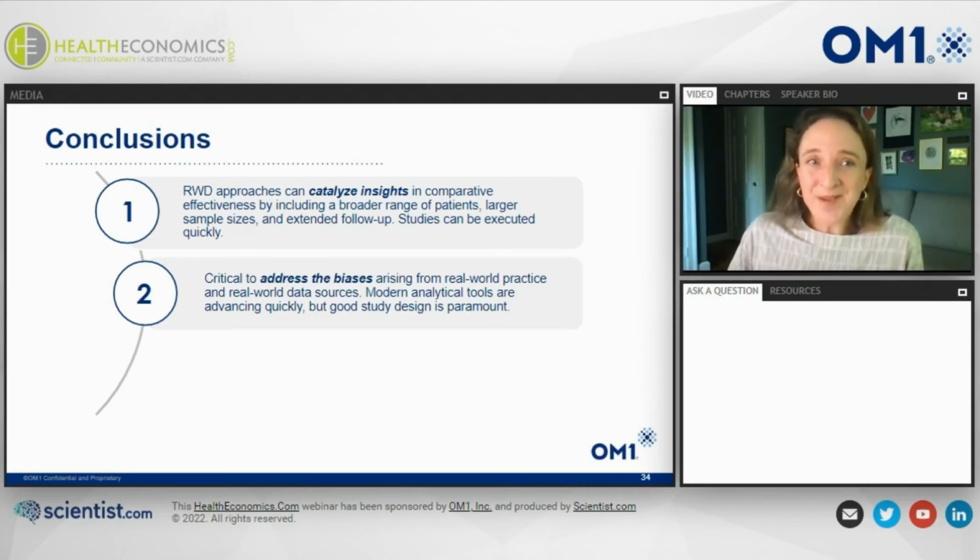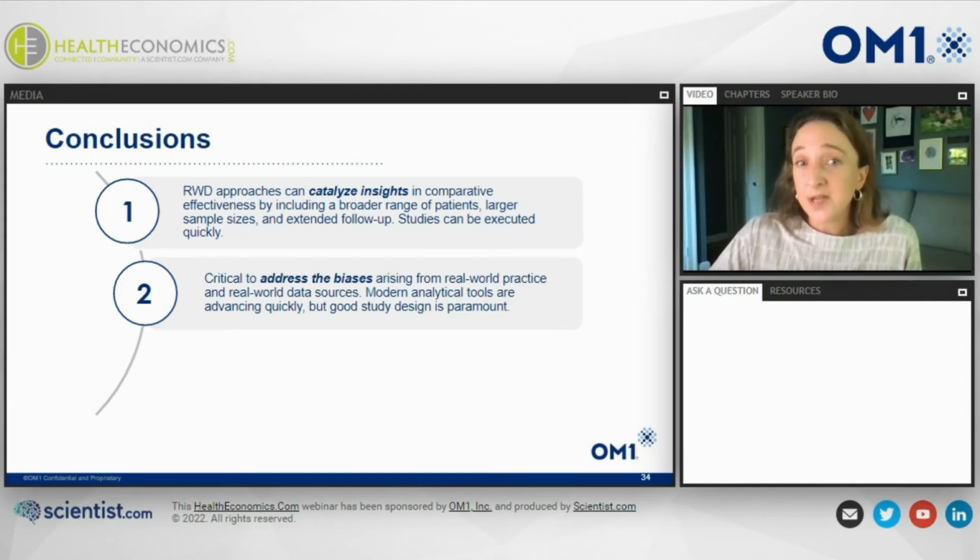What is the elephant in the room? That's the bias that comes from these designs. Earlier, we conducted a poll about what the quote-unquote best method is for addressing some of these biases. In particular, confounding bias has a primacy here, but also misclassification is a huge issue. So whether we can really trust some of the elements that we're getting from real-world data.